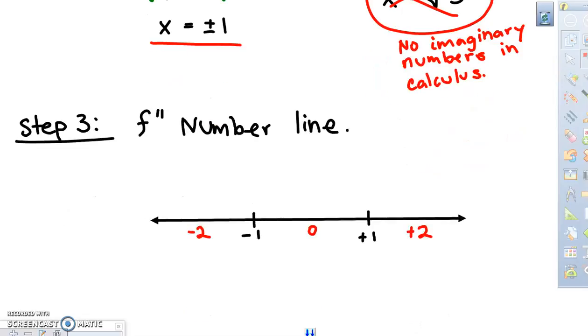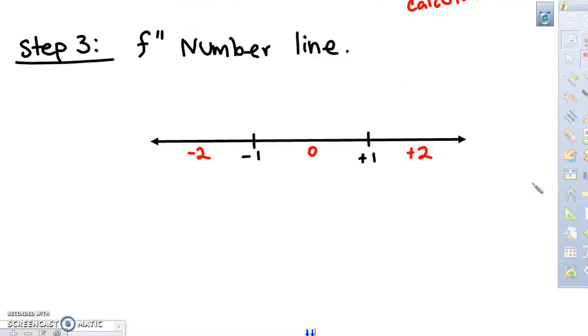We're going to plug these into the second derivative: f double prime of negative 2, f double prime of 0, and f double prime of 2. Go ahead and pause the video and work these out on your own.